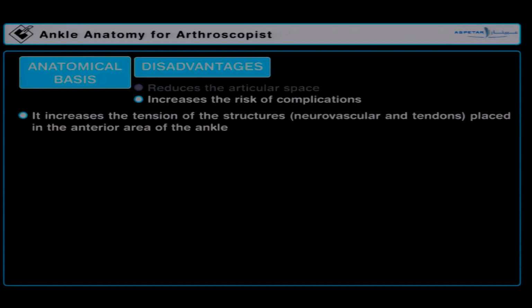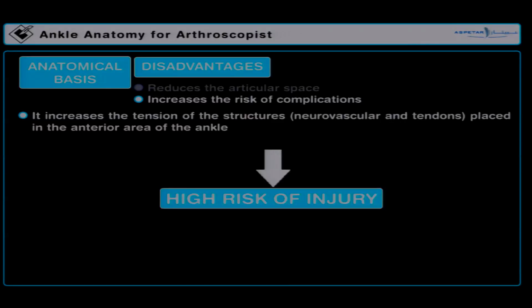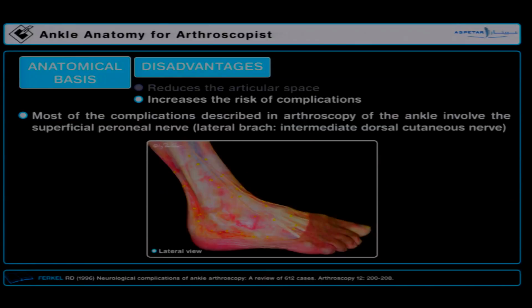Also, one of the other disadvantages is when the foot is in distraction in plantar flexion, it increases the tension of the structures placed in the anterior area of the ankle. And also, we have, in our opinion, high risk of injury.